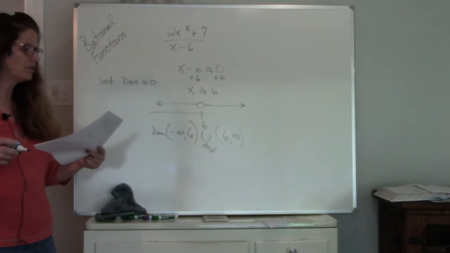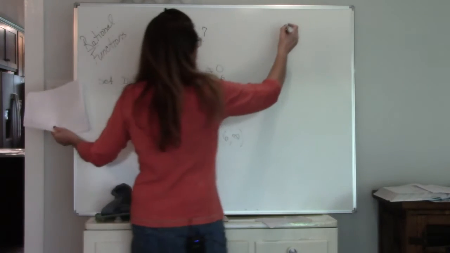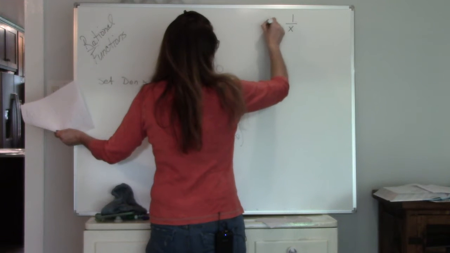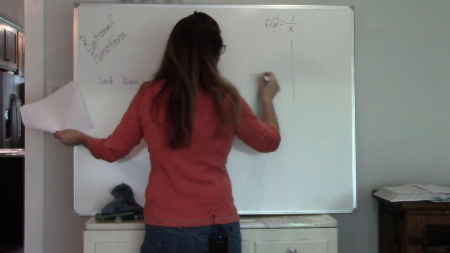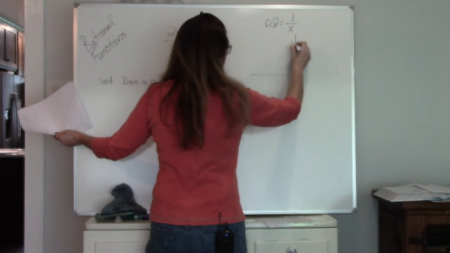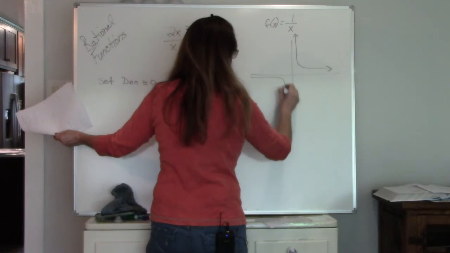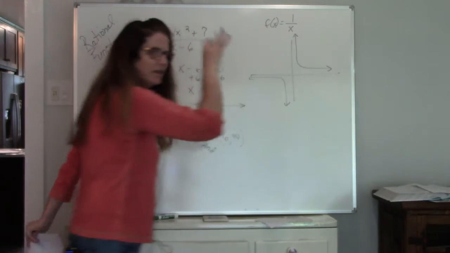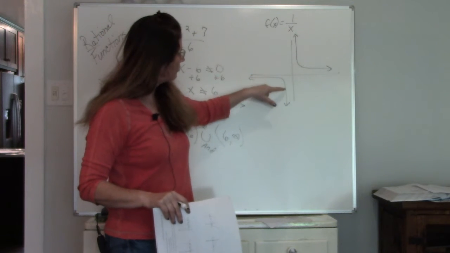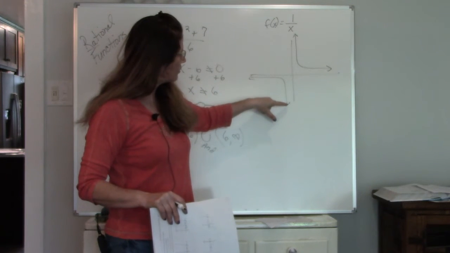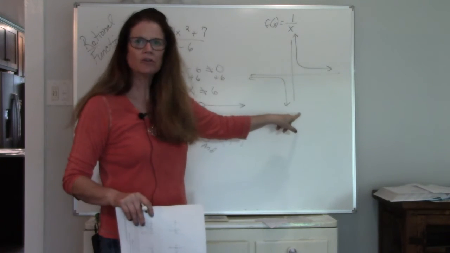Then the other question says find the vertical asymptote. Well, if I take you back to this function, the rational function 1 over x, the base graph looks something like this. And then I can shift it all over. What you notice is this graph gets closer and closer to my y-axis, but it never crosses it.